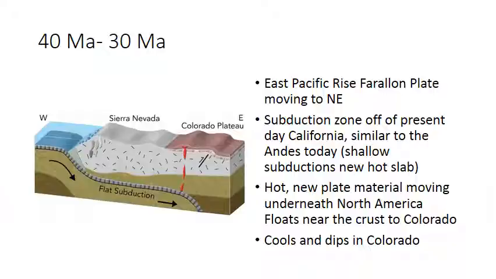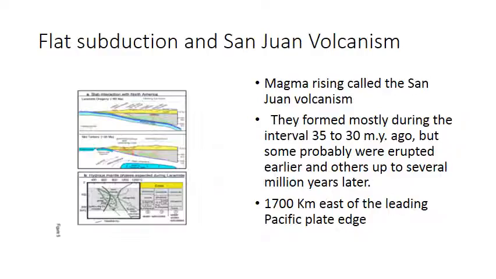This new hot slab, because of its buoyancy, was basically thrust up against the underside of the North American plate and the lithosphere, and it floated and was carried all the way as far inland as Colorado. It wasn't until it reached Colorado that it finally cooled and started to dip away.